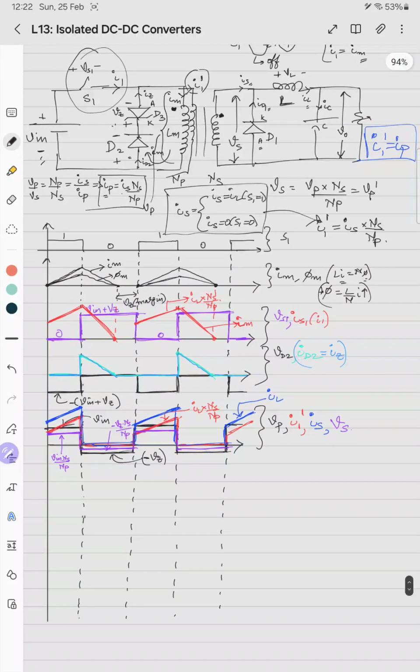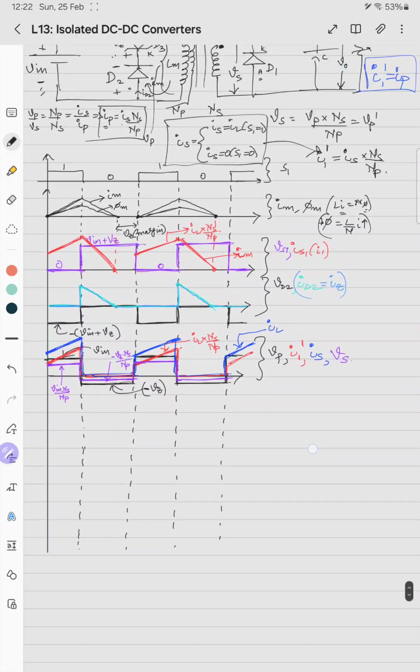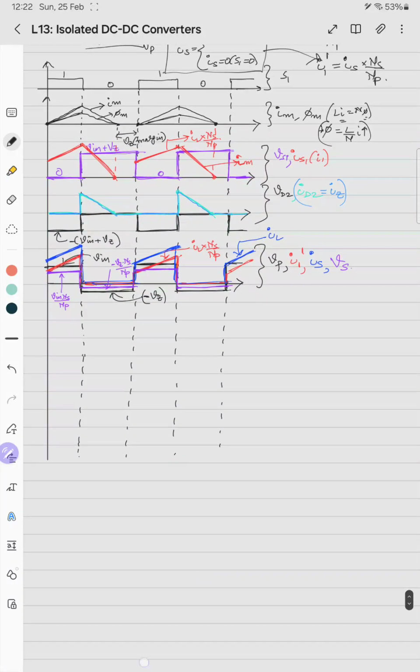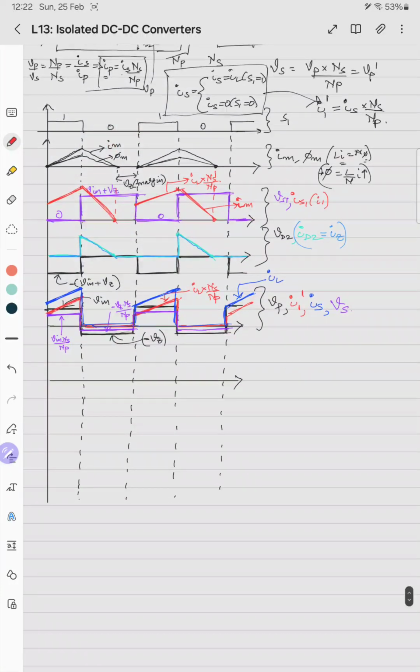Then comes the diode, the inductor current and the capacitor. We'll start with the inductor current. Our assumption was that it works in continuous conduction mode. So I will draw IL.